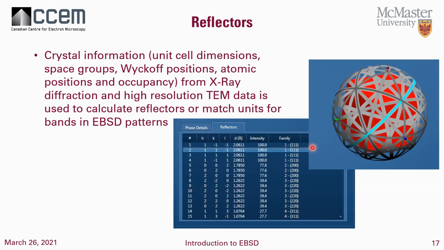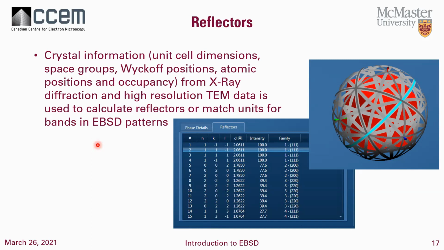Now, we need the crystal information in order to create reflector files so that we can actually identify which bands are which. So if we look at our unit cell here and the various reflectors that are produced, the blue reflector here corresponds with a particular reflector in the database, so we can identify the actual spacing and the family of planes that it's actually from.